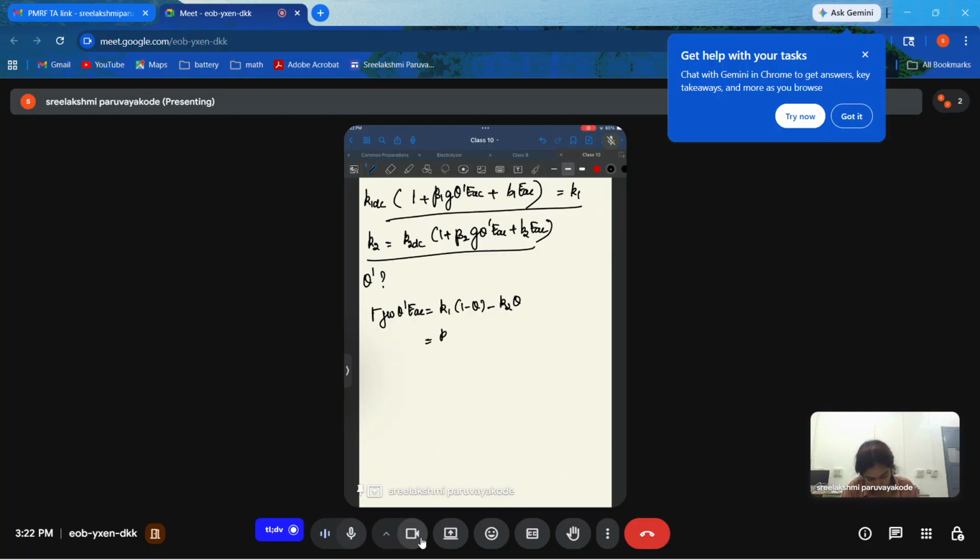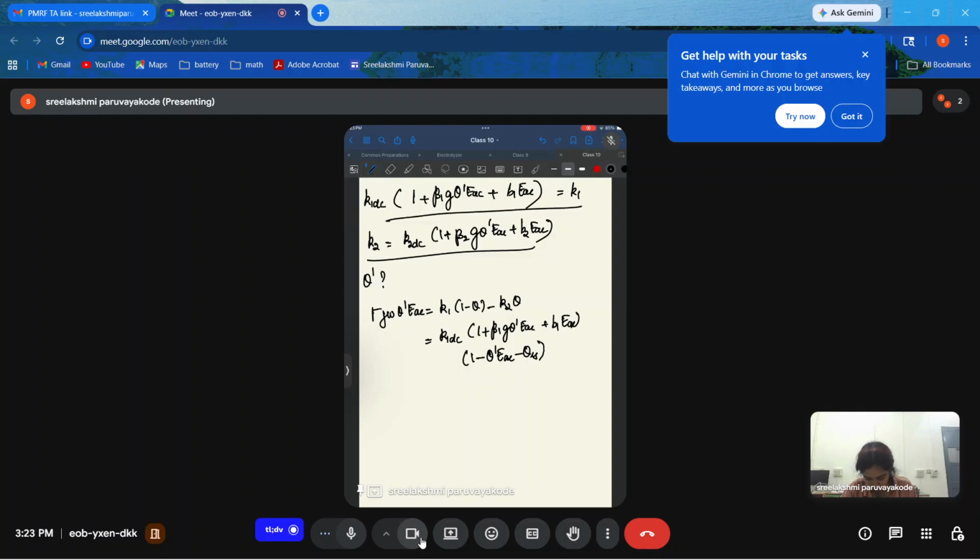Now k1 equal to K1 DC 1 plus beta 1 g theta dash EAC plus b1 EAC. Now theta can be written as 1 minus theta dash EAC minus theta SS. Right?